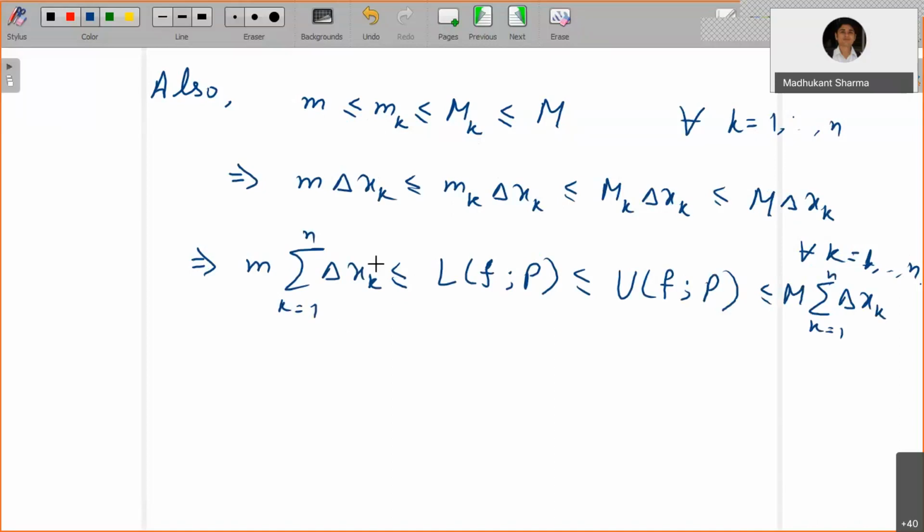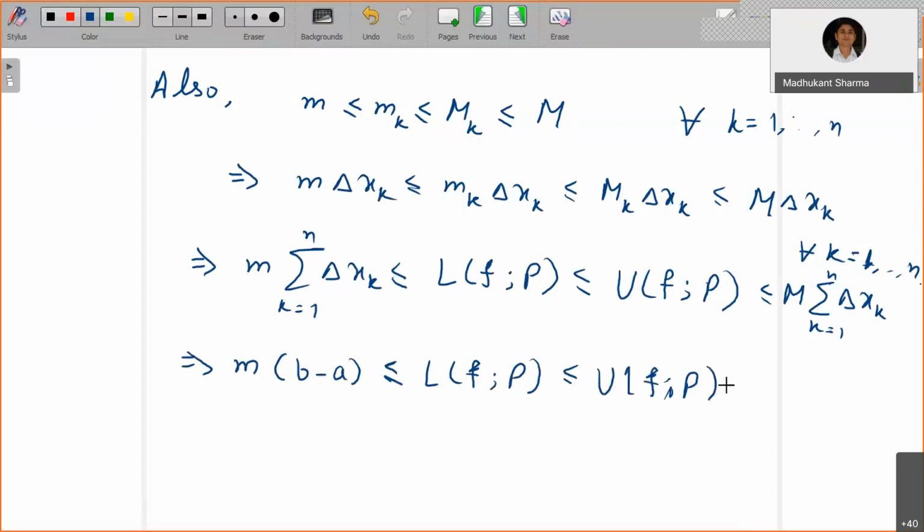Now see, delta xk is the length of the kth subinterval, and the Ik are non-overlapping subintervals. So the total length, the length of I1 plus the length of I2 and so on up to the length of In, is going to be the length of I only. If you write the definition of delta xk, the negative terms get cancelled, and you remain with m times (b minus a) is less than or equal to L(f,P), less than or equal to U(f,P), less than or equal to capital M times (b minus a).